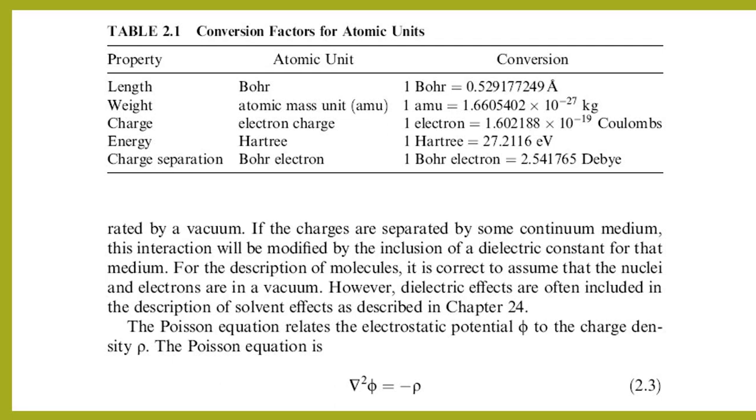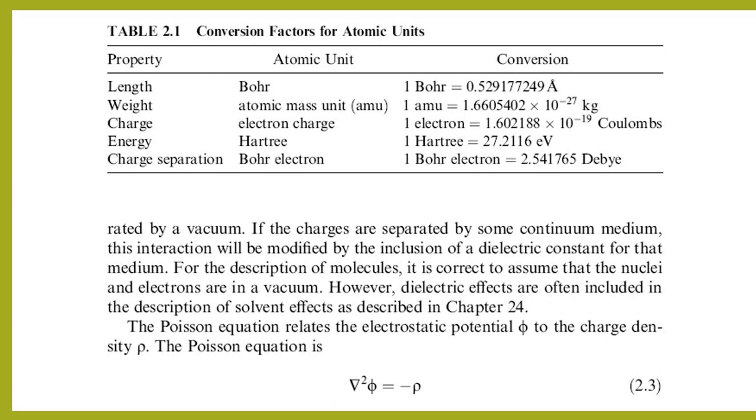So, conversion factors for atomic units: length, atomic unit Bohr, 1 Bohr is equal to this. Weight, atomic mass unit, 1 AMU is equal to this many kg. Charge, electron charge, 1 electron is equal to this many coulombs. Energy, Hartree, 1 Hartree is equal to this many electron volts. And charge separation, Bohr electrons.